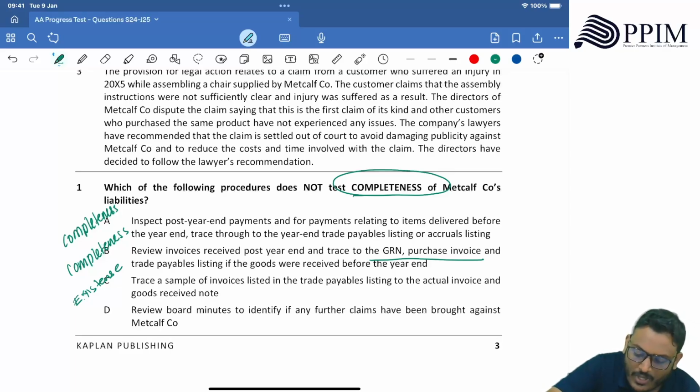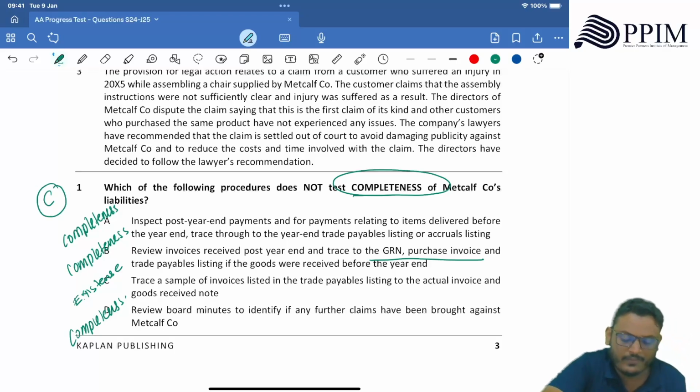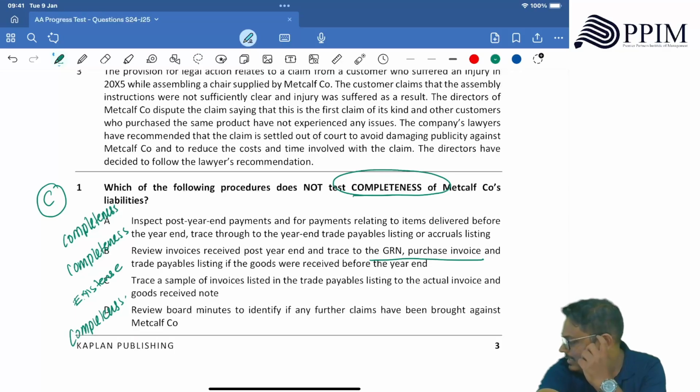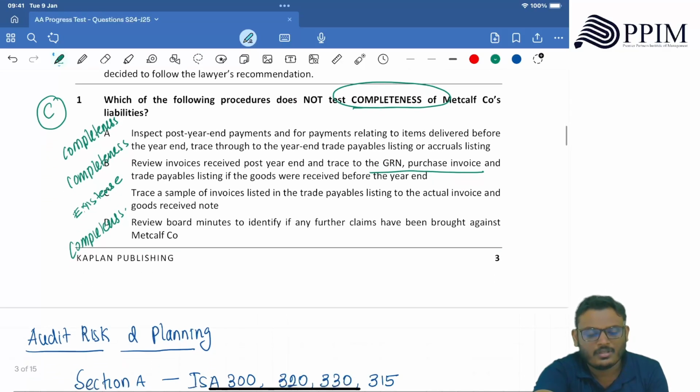Review board minutes to identify any further claims that have been brought against the Metcalf company. That is also completeness. Correct answer is C, where we check the existence, not completeness.